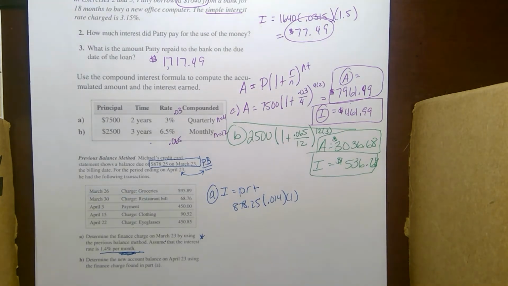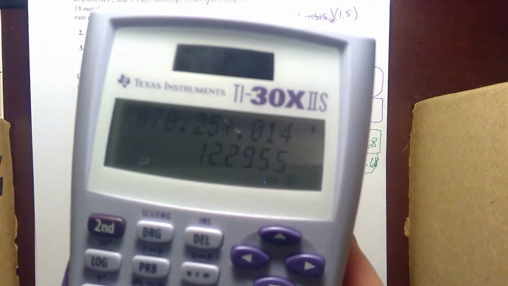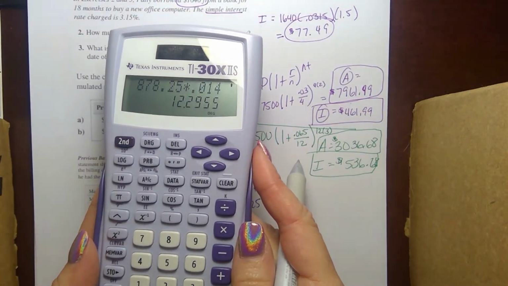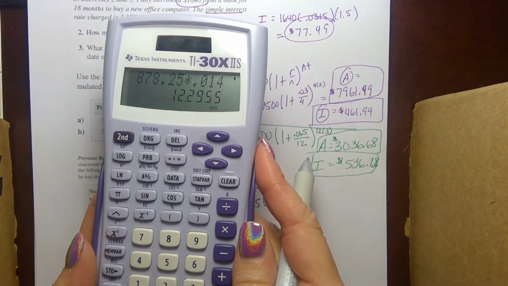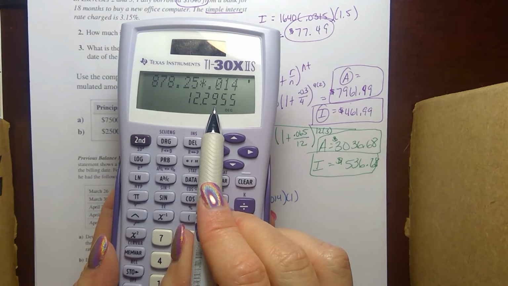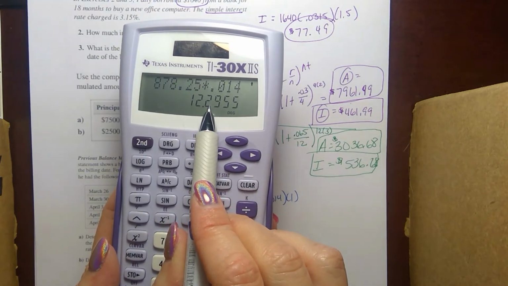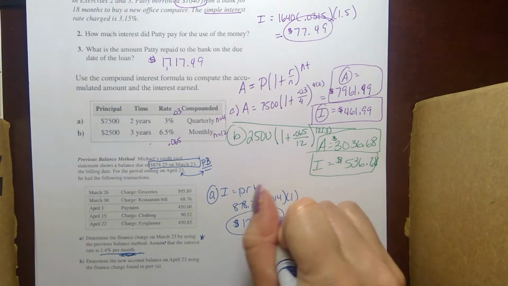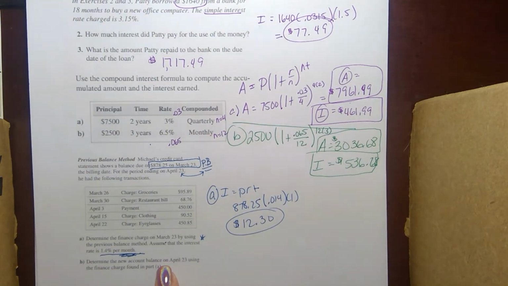Now, what I actually get is 12.2955, but I've got to round that to the nearest penny. When I round that up, I have to also round here. So that comes out to be $12.30 as the finance charge.